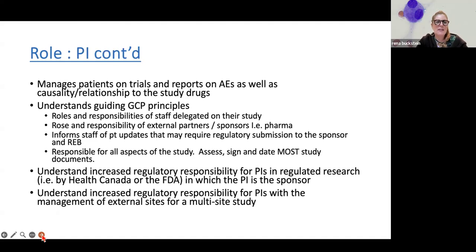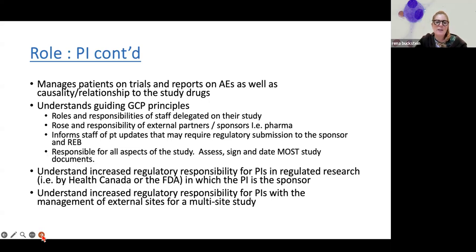The other responsibilities that you're going to have is that you're going to be responsible for expeditiously reporting on the adverse events, causality, and relationship to the study drugs with your research staff. And you need to know all the GCP principles. So there's training that's required. There's lots of modules you'll have to go through to understand good clinical practice principles.